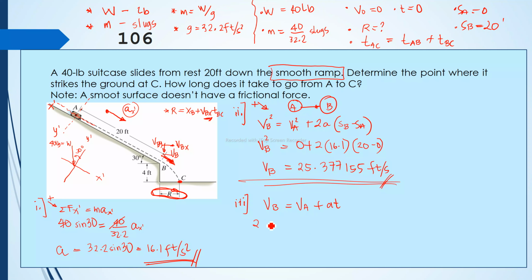So we have 25.377 is equal to the velocity at A, which is 0, plus 16.1, the acceleration, times the time. Then our time from A to B is equal to 1.576 seconds. Okay, we're already halfway.